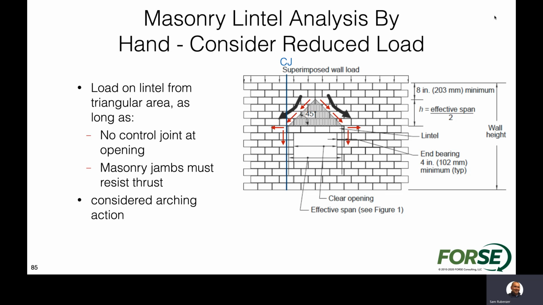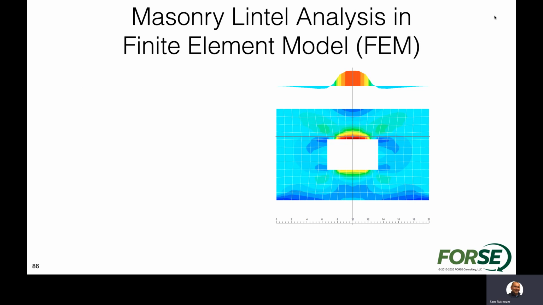And so then the arching action would go away and the lintel design goes up much higher. So we want to make sure control joints stay away from the opening, and we can design our openings more effectively with control joints away and masonry lintels. Again, finite element analysis really does help a lot with masonry design.